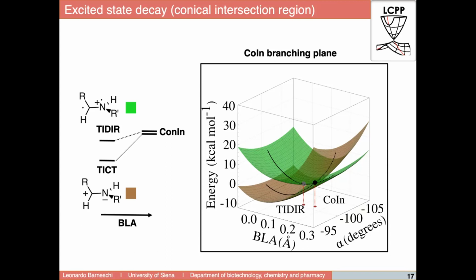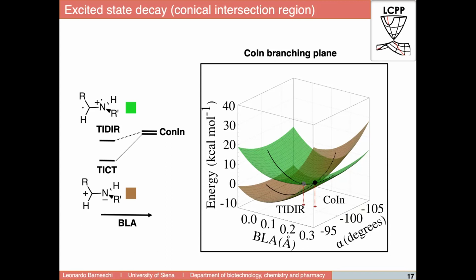Basically, this other intermediate has the same relationship as the fluorescent state and Franck-Condon state with respect to the conical intersection. Looking at the topography of the conical intersection in the branching plane representation, we can see that it's intersected by the bond length alternation relaxation mode, and is there because the conical intersection we found is sloped in this system.